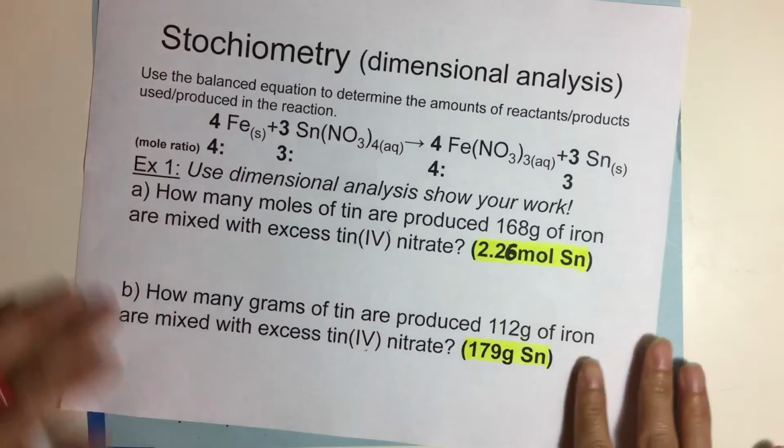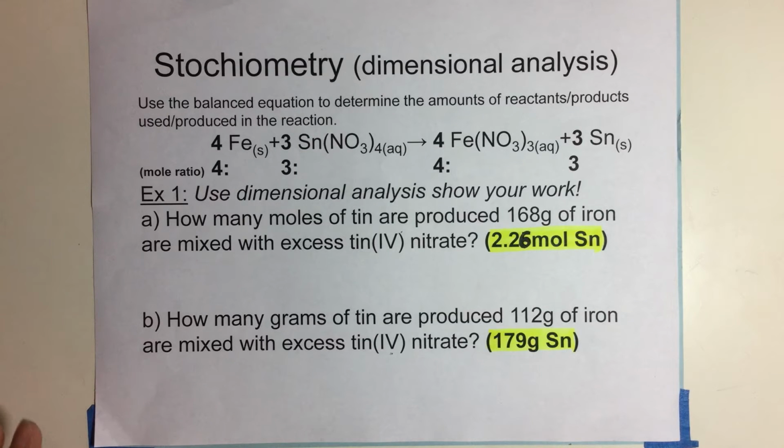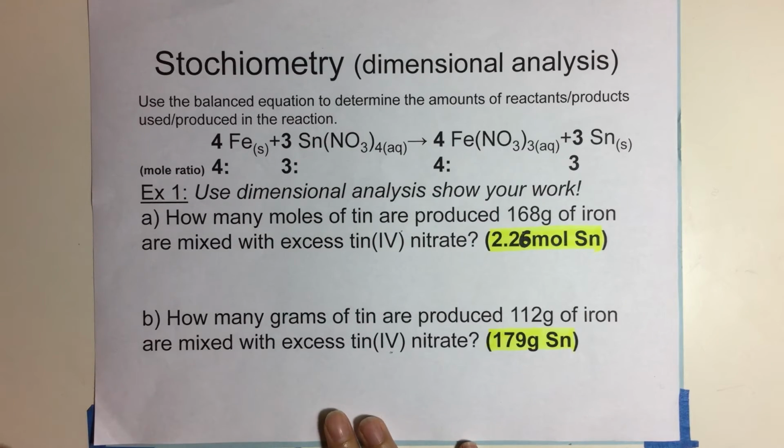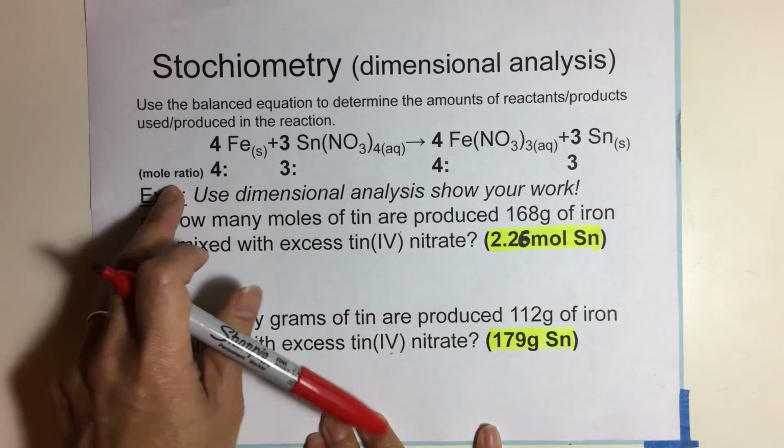So let's look at where we're taking, instead of doing it conceptually, we're using dimensional analysis, which is a mathematical approach to proving or to showing the work for these stoichiometry problems. So here we have an equation, and the equation's all balanced for us. So let's look at the mole ratio really quick.